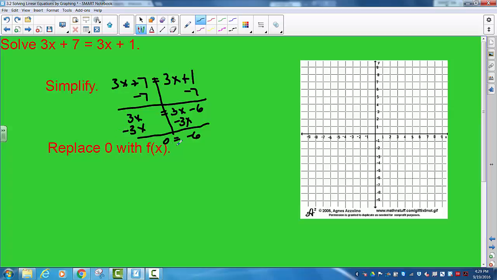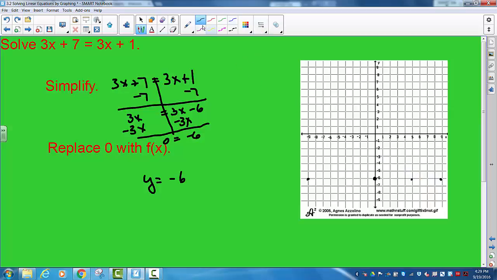Replace 0 with f of x. So we put y equals negative 6. And let's come over here and graph this. Y is negative 6. We did this in the last lesson. So we go 1, 2, 3, 4, 5, 6. And remember, y is going to be negative 6 everywhere, all the way across.